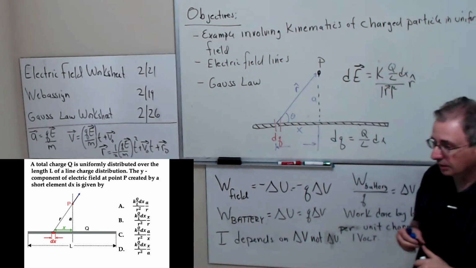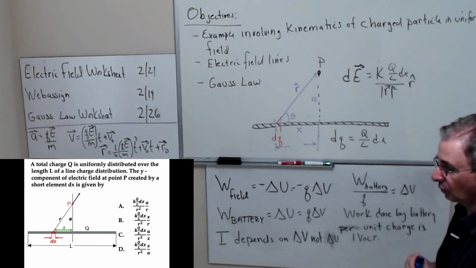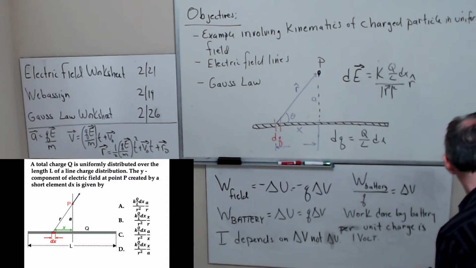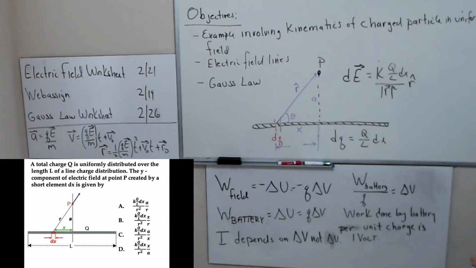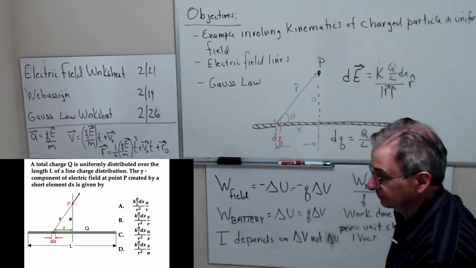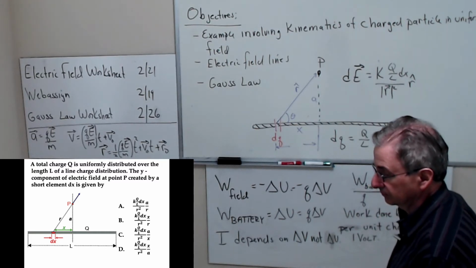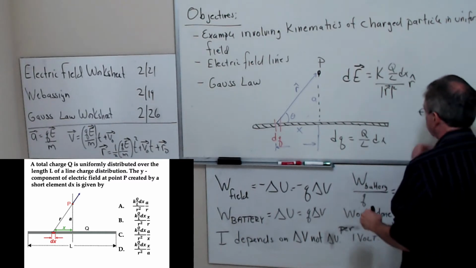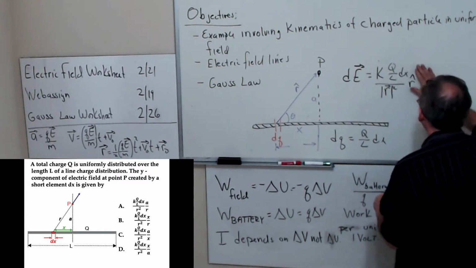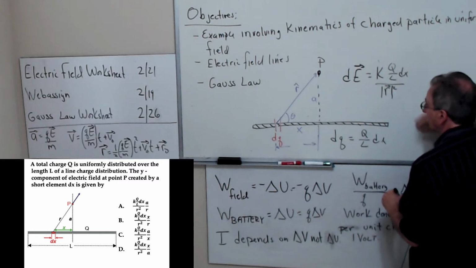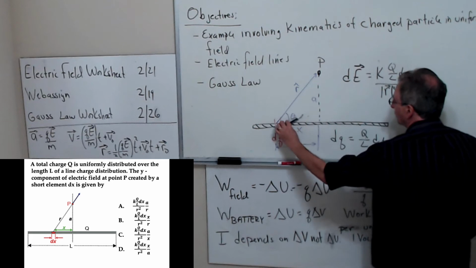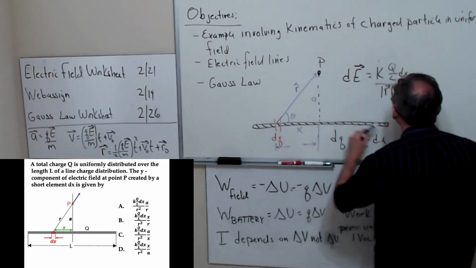And this problem wants the y component of the electric field. So let's write r hat over here. r hat points in this direction. So the x component would be cosine theta, the y component would be sine of theta.